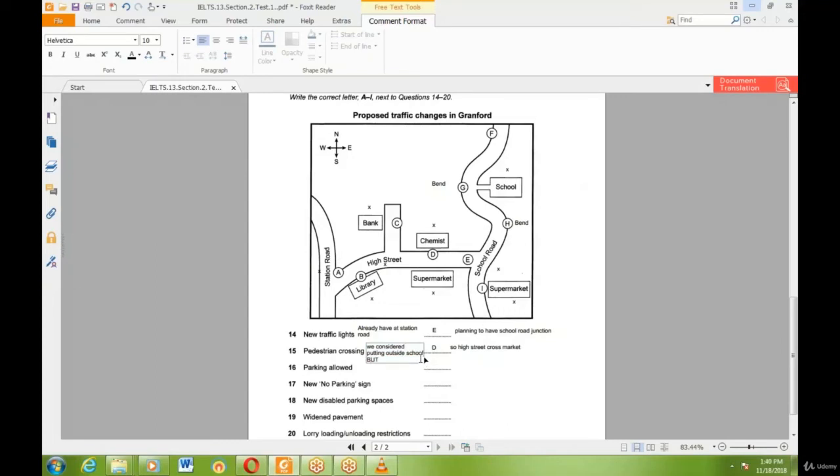But. So one thing with the IELTS in terms of listening that you want to be aware of is when they're using the word but. We consider putting it outside the school, but, and then after the but, you hear the answer choice. All right? Now, number 16.